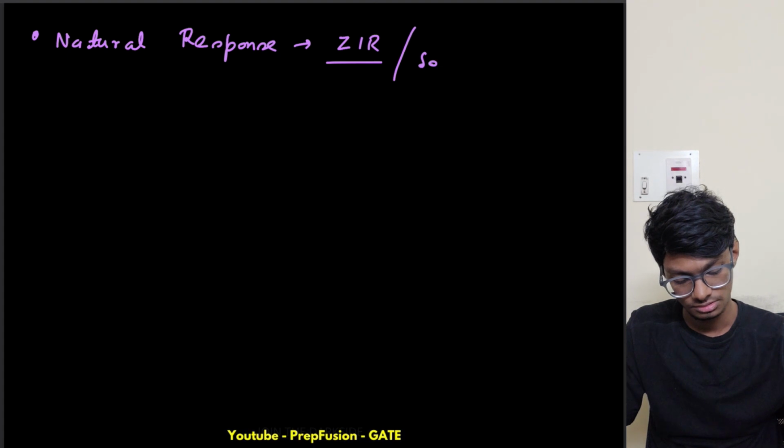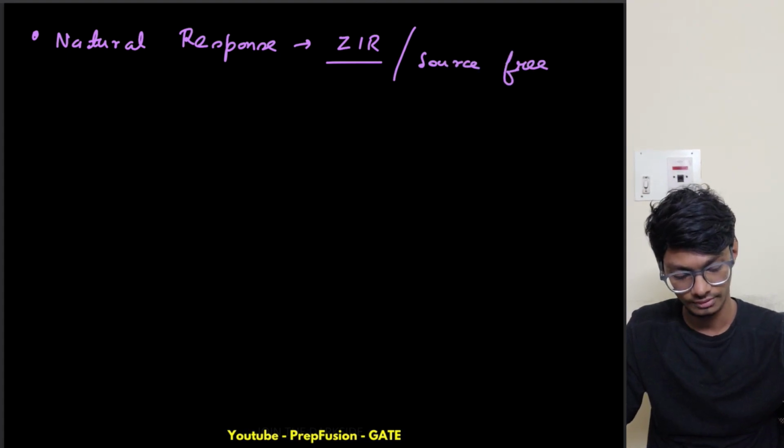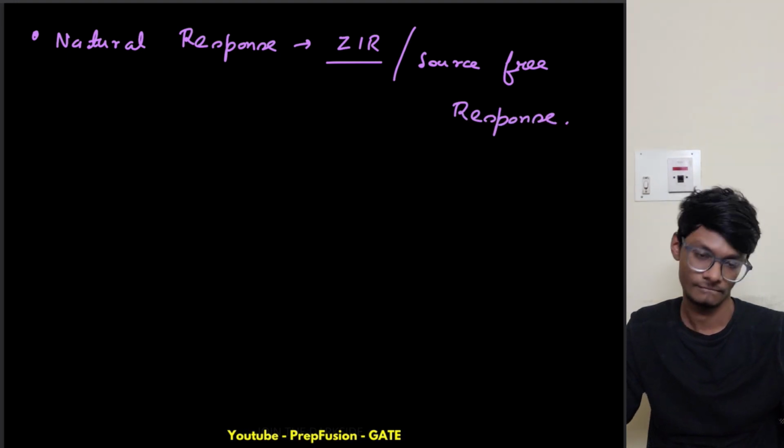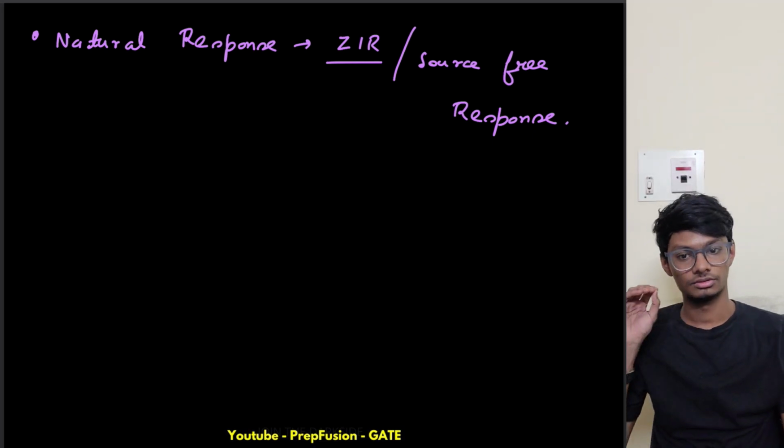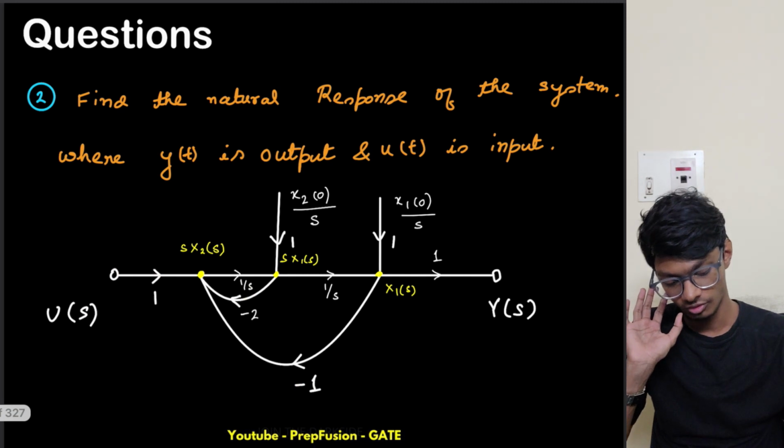That is the source free response. Hence we will make our U of s as 0.